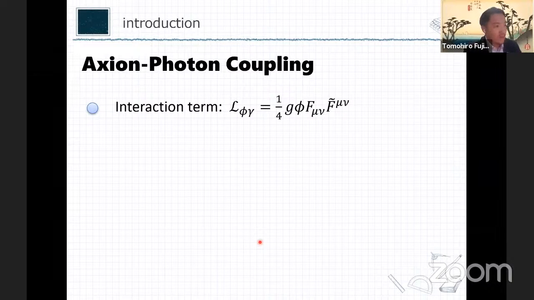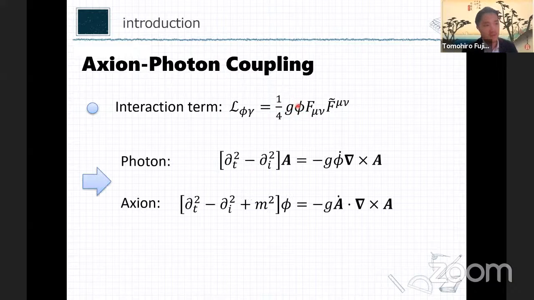Regarding the axion-photon coupling, in the Lagrangian the interaction term is written like this, the so-called Chern-Simons term. Here g is the coupling constant in units of GeV inverse, phi is the axion, F is the normal field strength of photon, and F tilde is its dual. You can immediately write down the equations of motion for photon and axion.